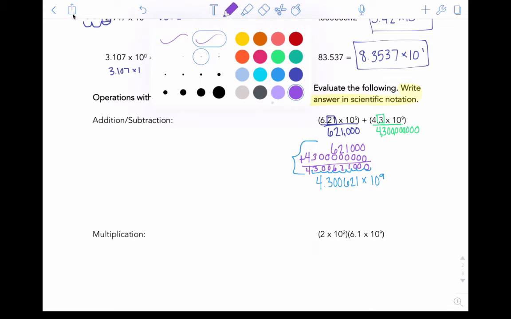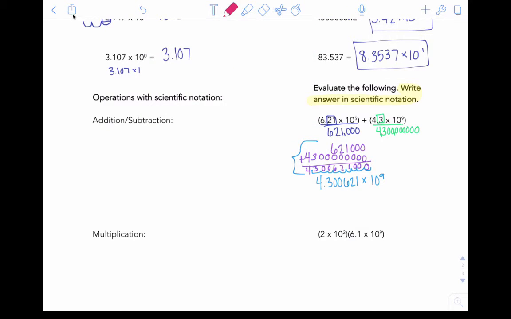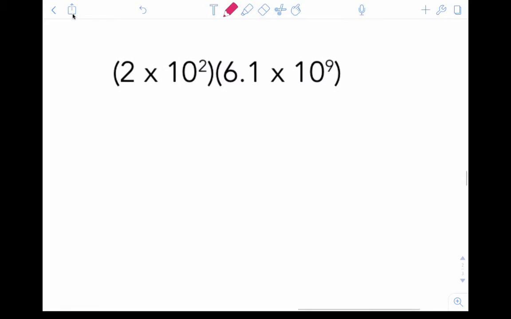Okay, let's go ahead and move on to multiplication. So I have two numbers written in scientific notation that are being multiplied here. This is just regular multiplication. So I'm going to use my commutative property, which says I can multiply numbers in any order and get the same answer.